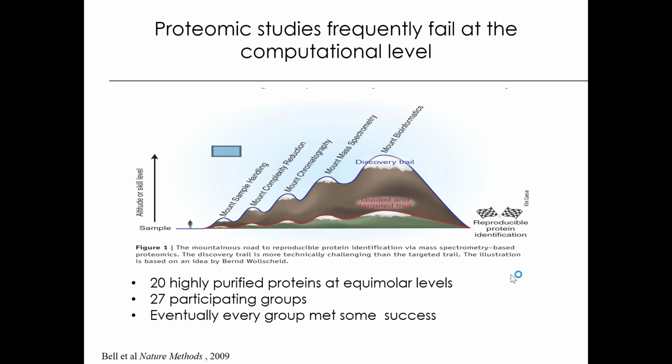And it turned out that from the data collection, most people were actually able to generate data covering most of these proteins, but they couldn't figure it out using the software tool. That's why we eventually drew up this graph and said, well, to get to a result, you need to cover many mountains, and some are easy to do, and some are very difficult for many people to overcome.